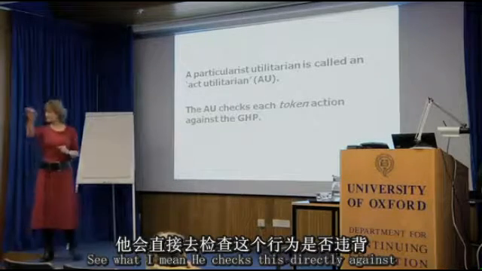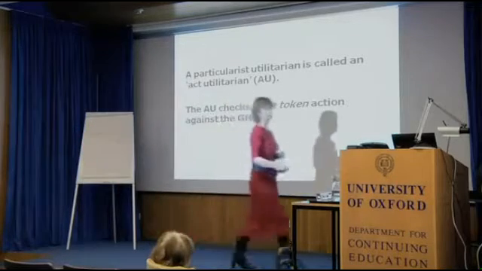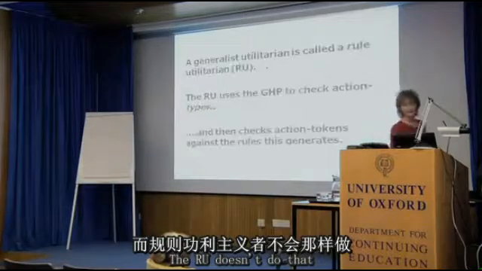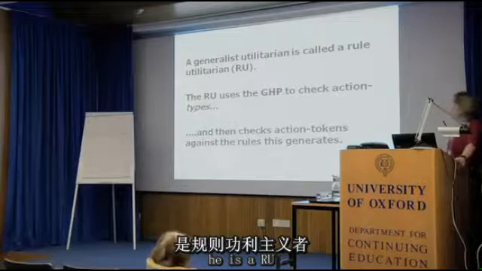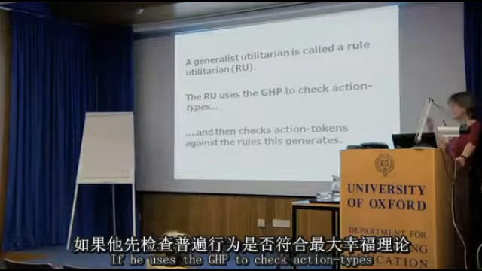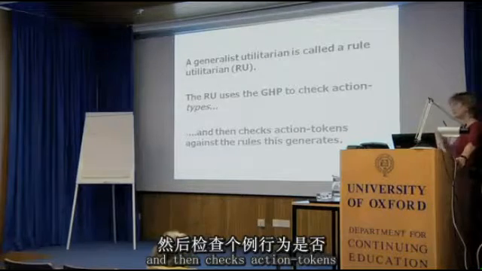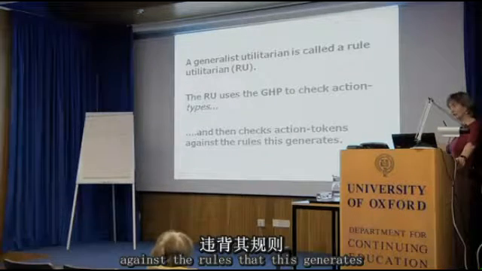See what I mean? He checks it directly against the greatest happiness principle. The rule utilitarian doesn't do that. He's a generalist utilitarian, and he uses the greatest happiness principle to check action types and then checks action tokens against the rules that this generates.